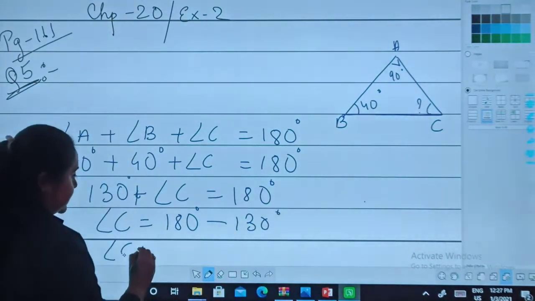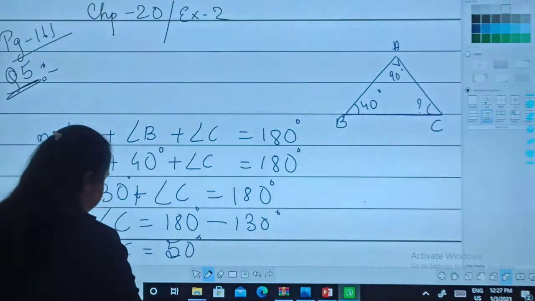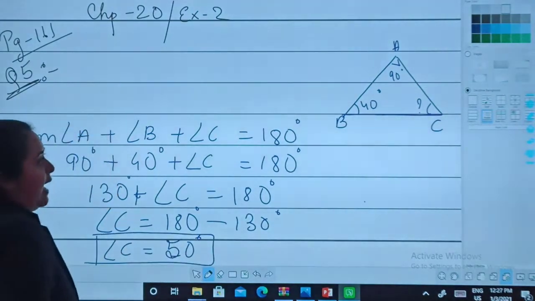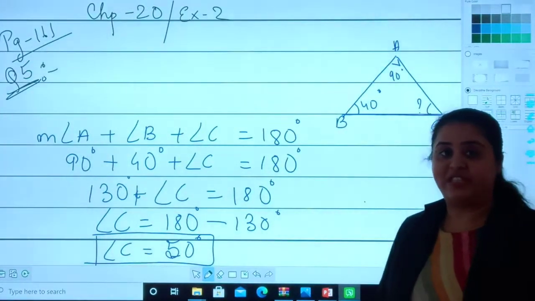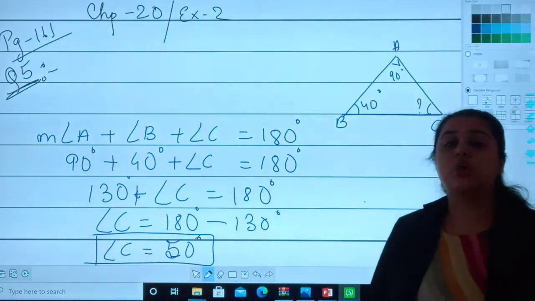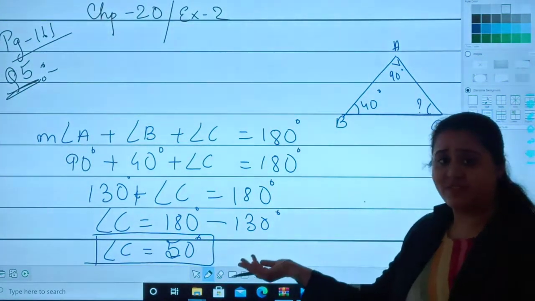So I can say that angle C is equals to 50 degree. The required angle. So angle C equals to 50 degree. In this way, you will solve the sum. Understood, students? It is very easy, right?